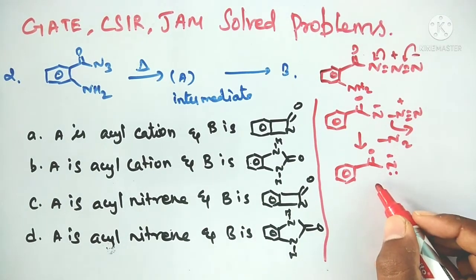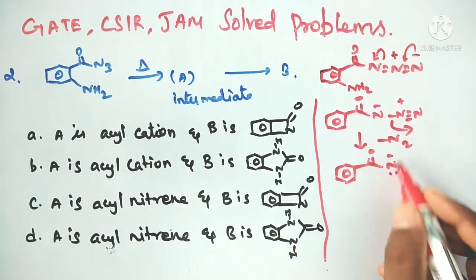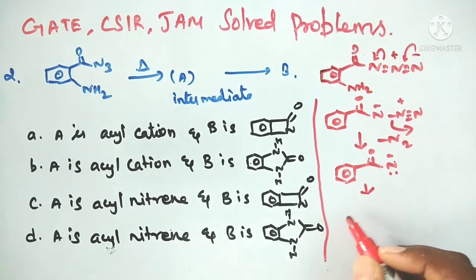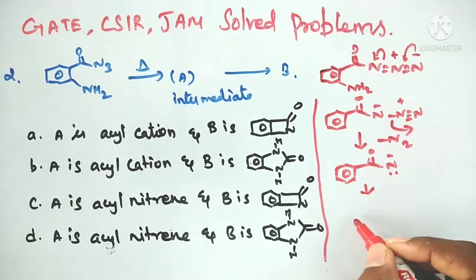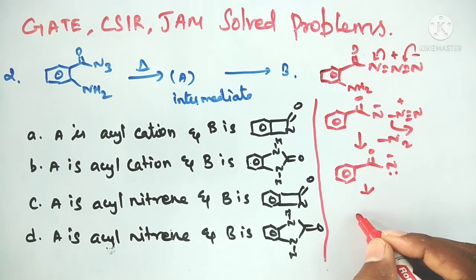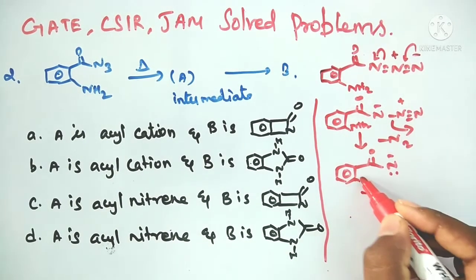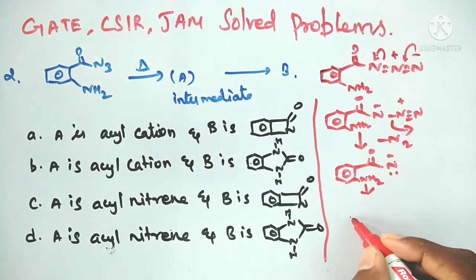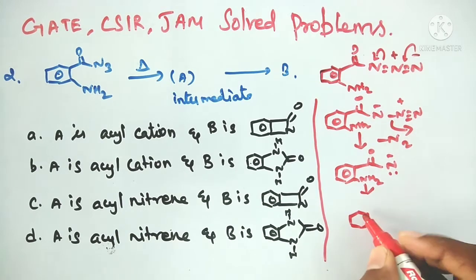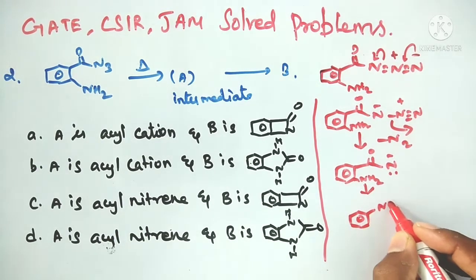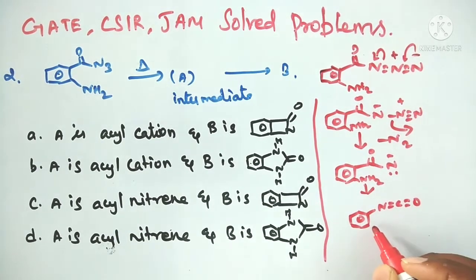This is the intermediate. Now the next step is rearrangement to electron deficient nitrogen. Now what will happen? You will get an N double bond C double bond O, isocyanate.